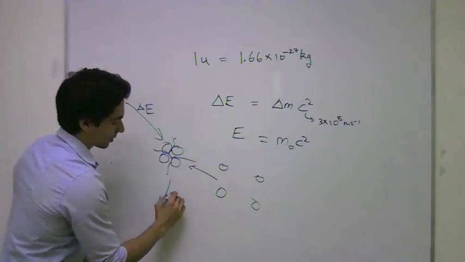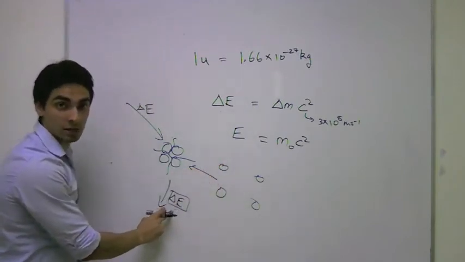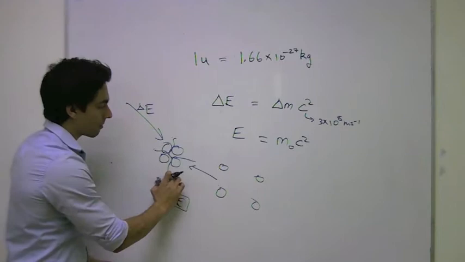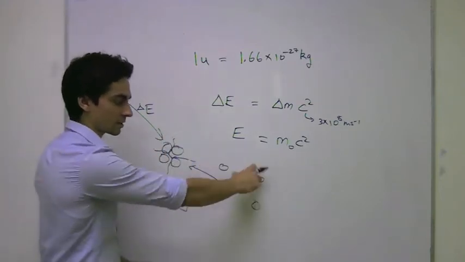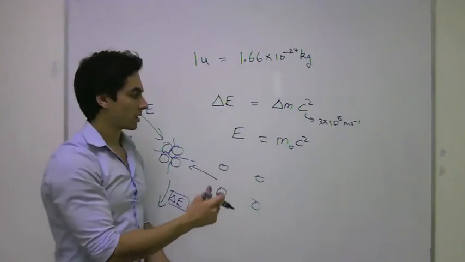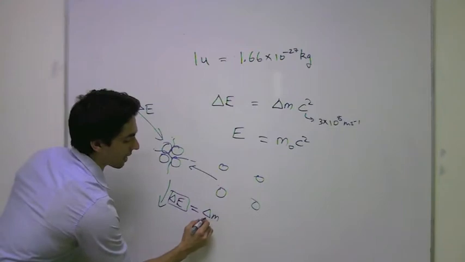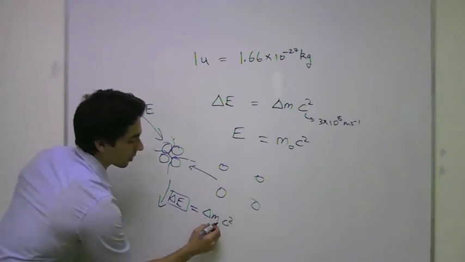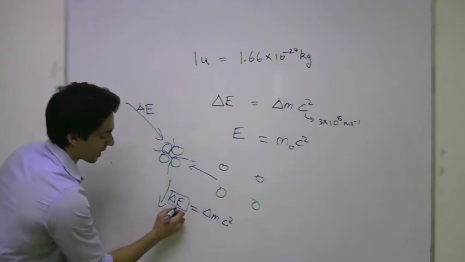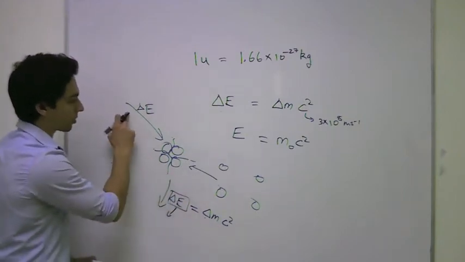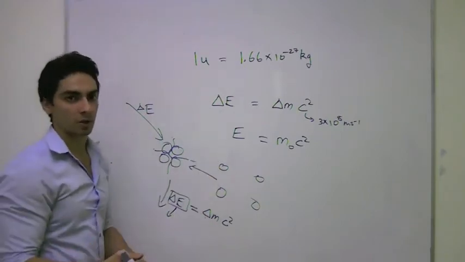Now, by this equation, we know that if this energy is released, the mass of the combined nucleus must be less than its individual constituents. And this mass is given by delta M, which is related to the energy released via c squared. Now, the energy released, or the energy given in order to break it apart, you can define in either one of the two ways.